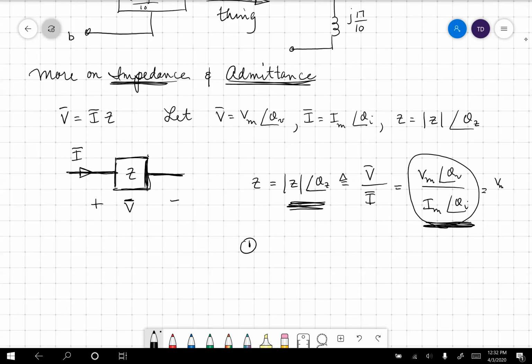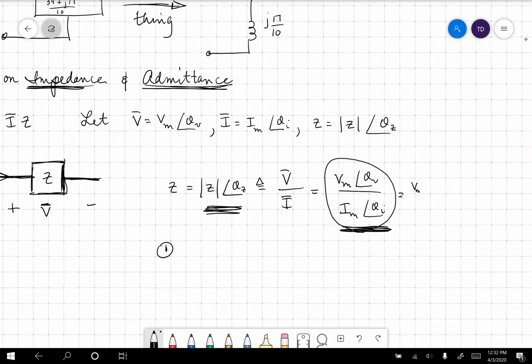Equals V sub m over I sub m at an angle of theta V minus theta I. All right, number one, what must be true? I'll start you. Magnitude of Z is equal to V m over I m. Thank you, very nice.